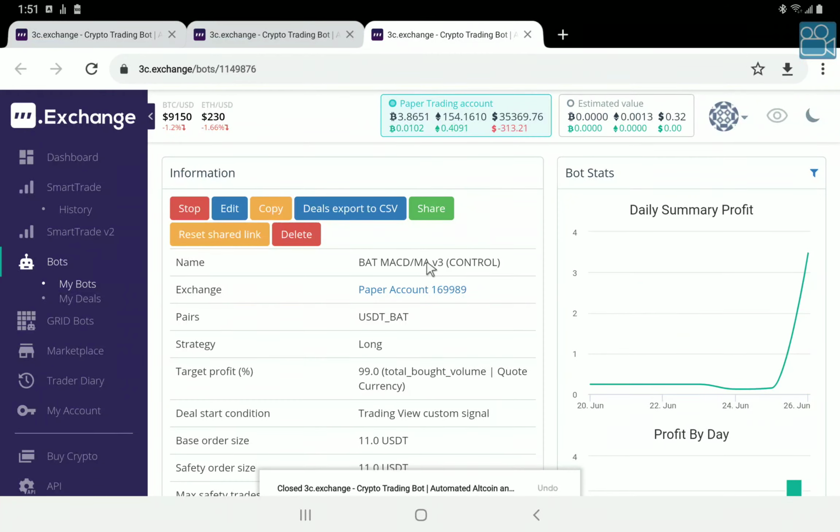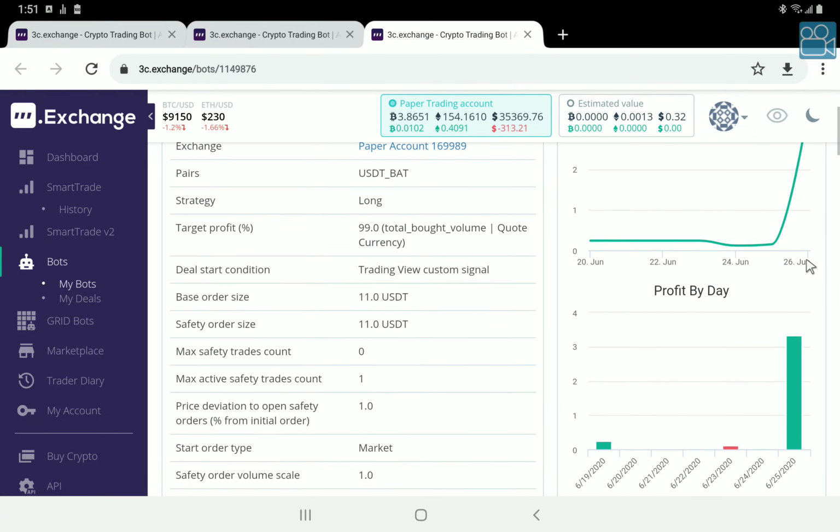This is the control. Version 3, which was built exactly as the original video that I discussed. And as you can see, it's pulled in a pretty generous little profit. That profit has turned out to be $3 today and change. Not bad.